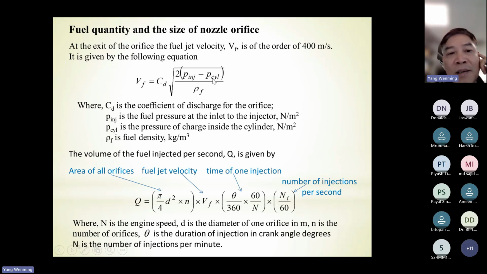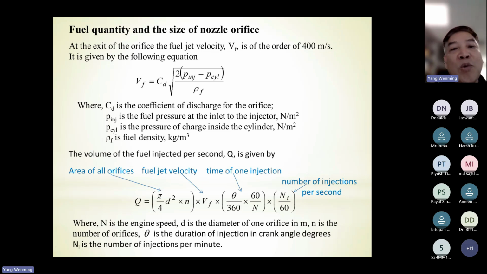And P_cylinder is the pressure in the cylinder. So P_injection minus P_cylinder is the pressure difference between the inlet and outlet of the injection hole, correct? So the greater the pressure difference, the higher the velocity. This one is easy to understand.